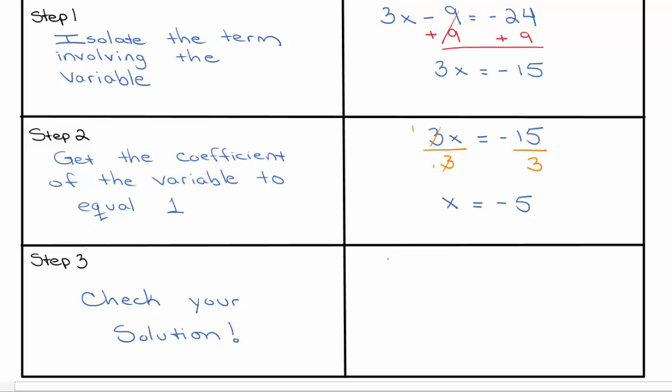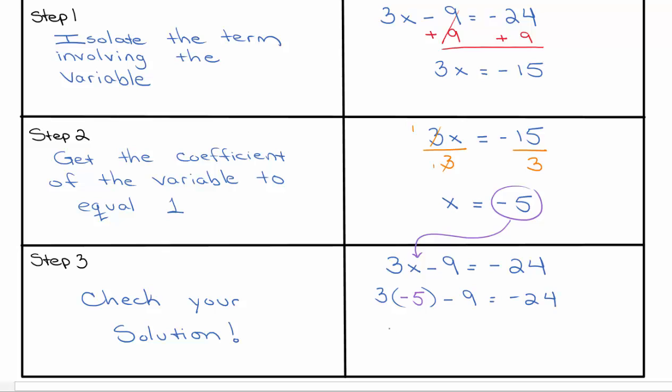The original equation was 3x minus 9 equals negative 24. Every time you see an x variable, you're going to substitute negative 5 in place of x, and we're going to see if we end up with a true statement.